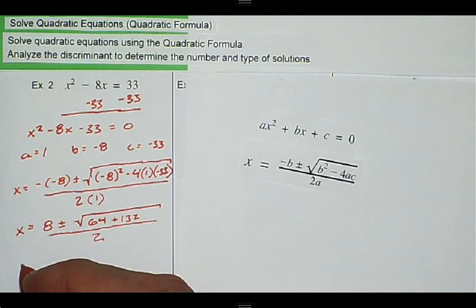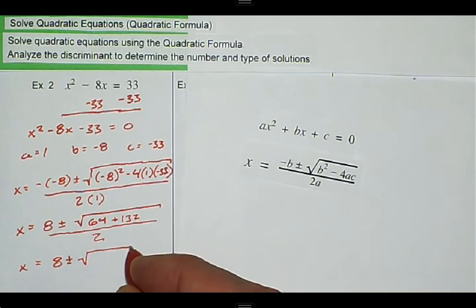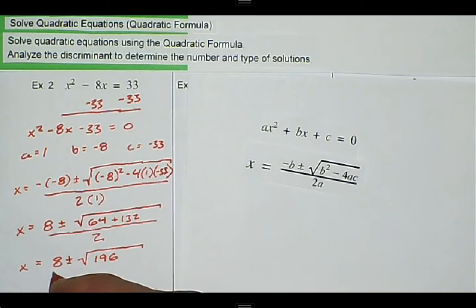So then we get x is equal to 8 plus or minus the square root of 64 plus 132, which is 196, divided by 2.